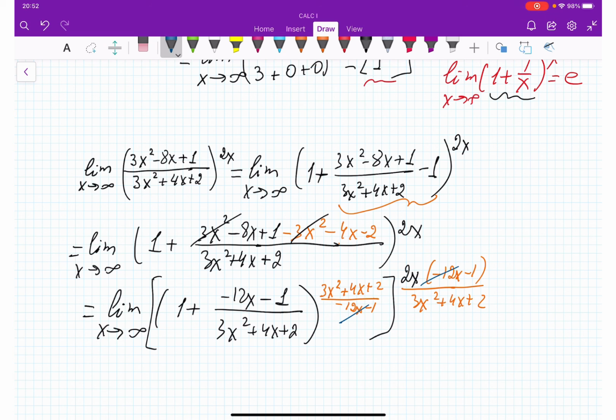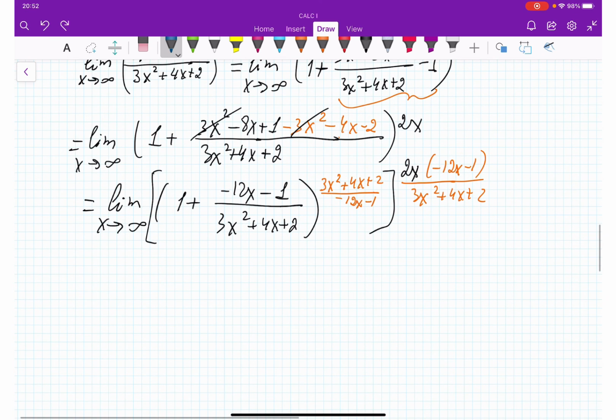If I cancel this with this and this with this, then I will get back the original rational expression, yes? So, from here, let's finish it up. The entire piece gives us e, right? Okay, and now we need to take the limit for this one. Let's do some drafting.